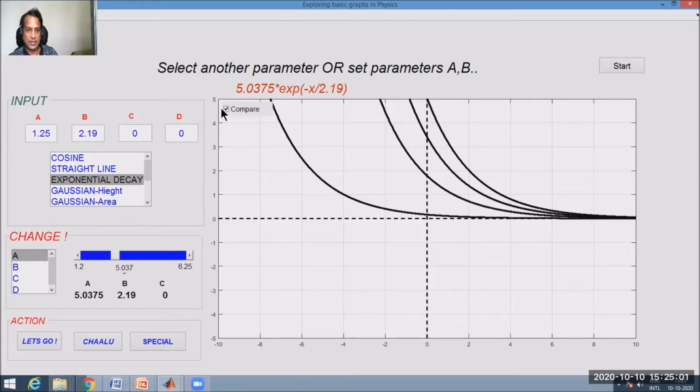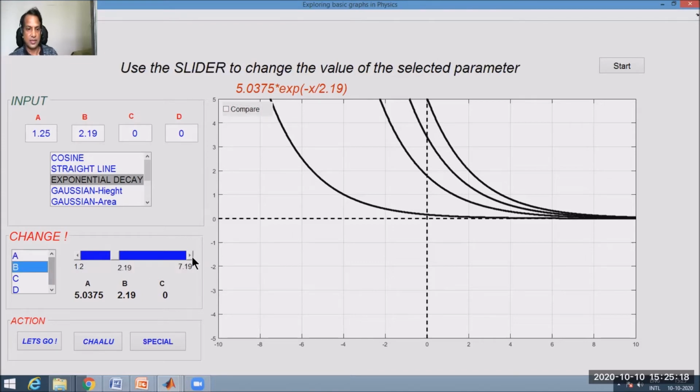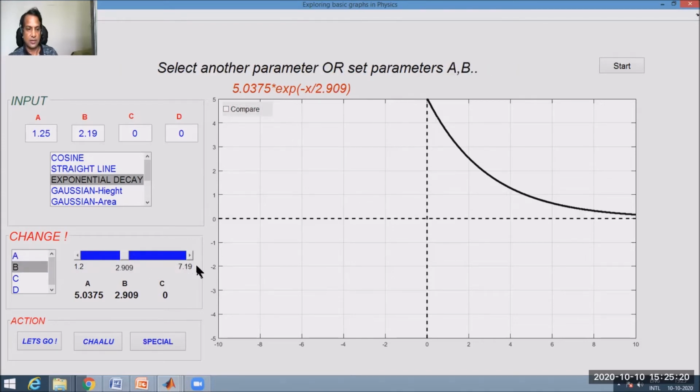So the parameter a stands for the function value at x equal to 0. Let's leave it at that, and let us look at the parameter b. So let us choose b. So this is 5 exponential minus x by 2.9.